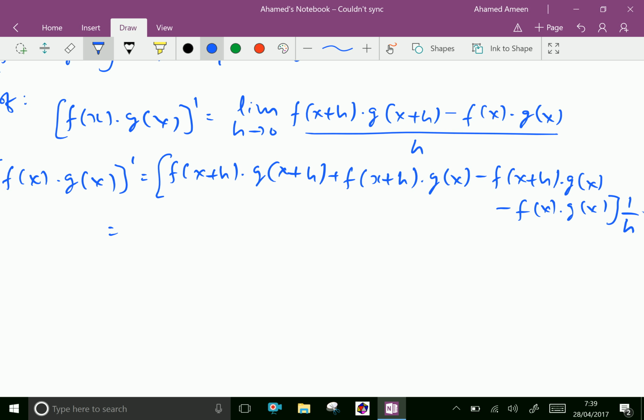We can write f(x+h) by factorizing f(x+h) common out, then g(x+h) plus g(x).